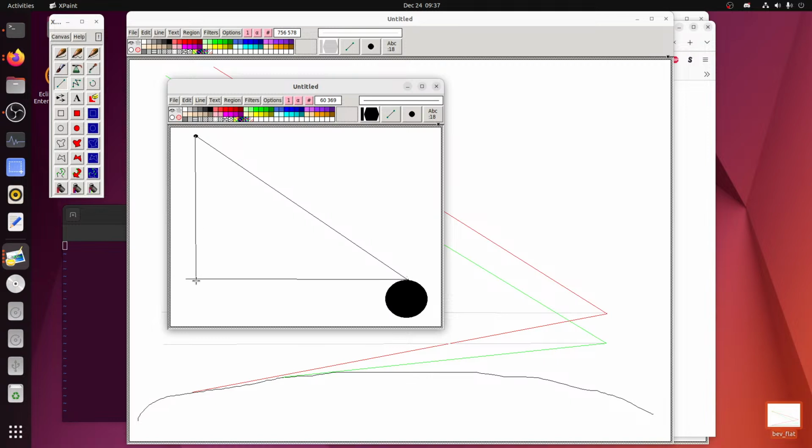So this would be essentially a standard right angle triangle. If this is going to be 40 degrees here, I want to calculate the distance from here to here and the distance from there to there.